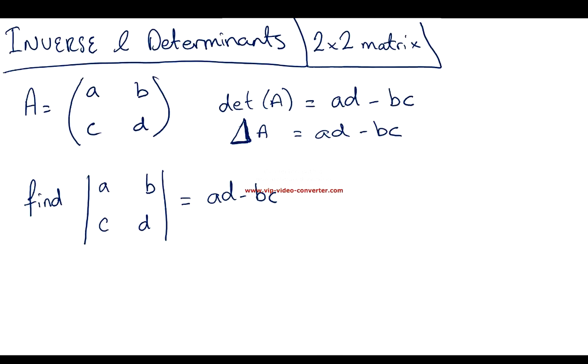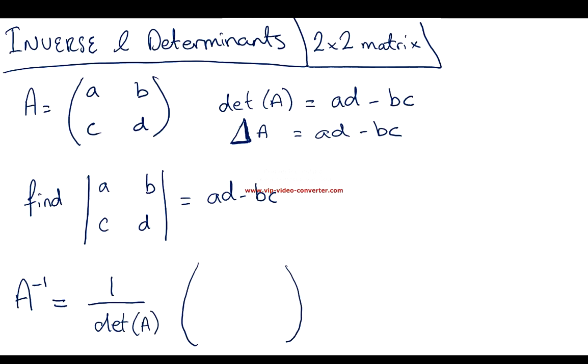Now, if we want to take that a step further and find the inverse, A to the minus 1, we need to find the determinant and then change the matrix up a little bit. So the inverse is going to equal 1 divided by the determinant of A, and then we have our matrix, but rearranged ever so slightly.